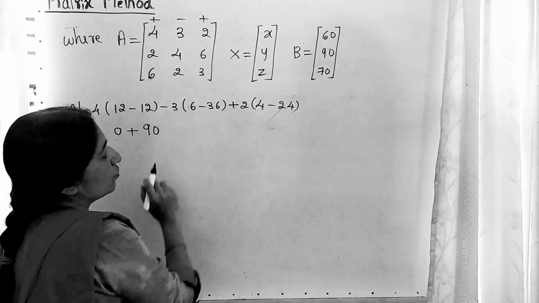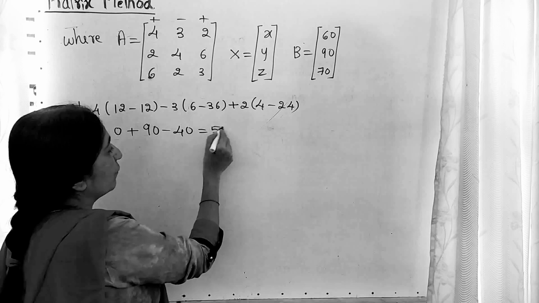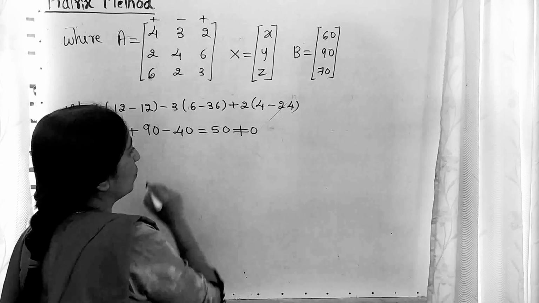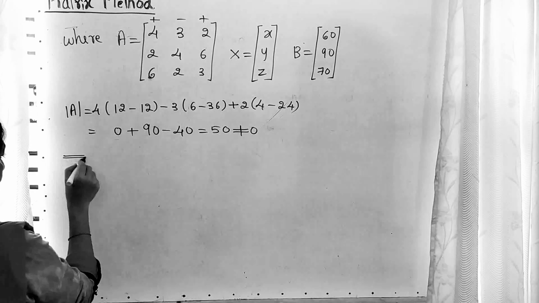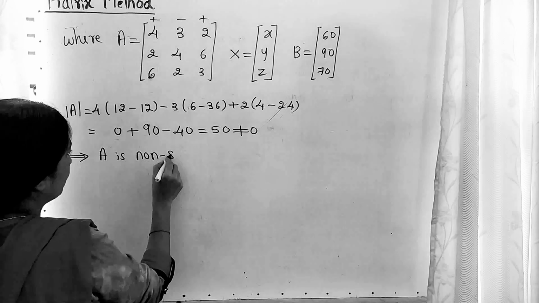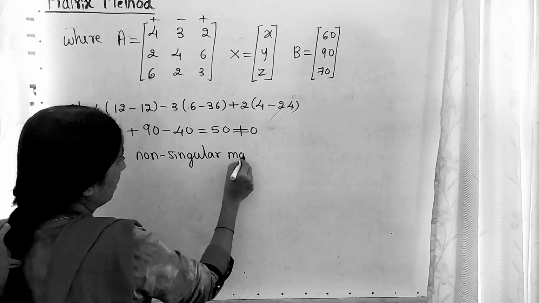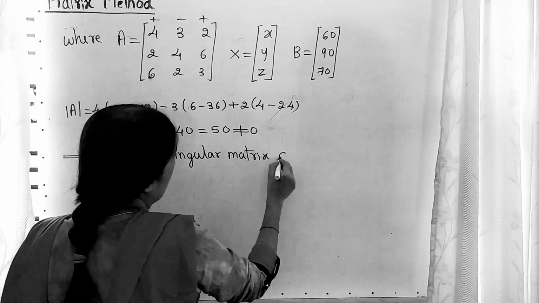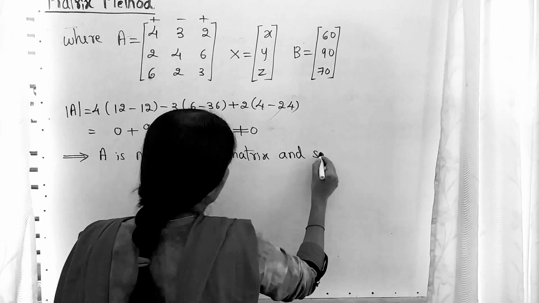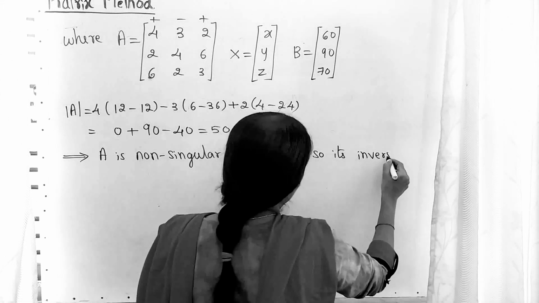And it is minus 20, minus 20 into 2 is minus 40. Finally we got 50. This is not equal to 0. This implies A is a non-singular matrix, and so its inverse exists.